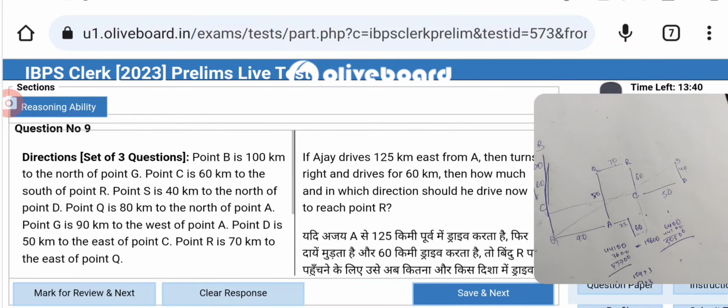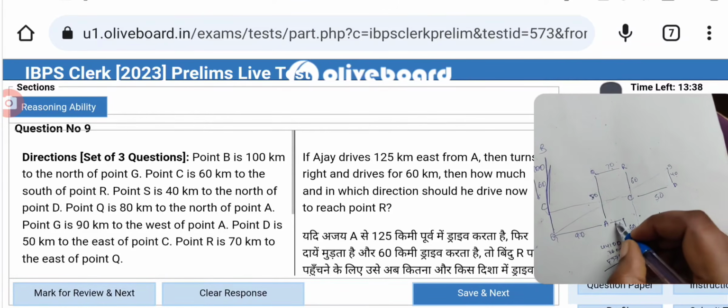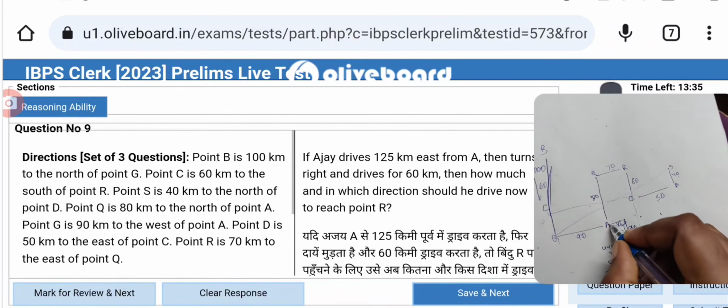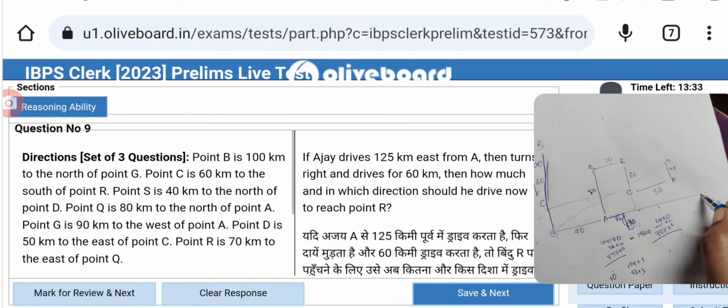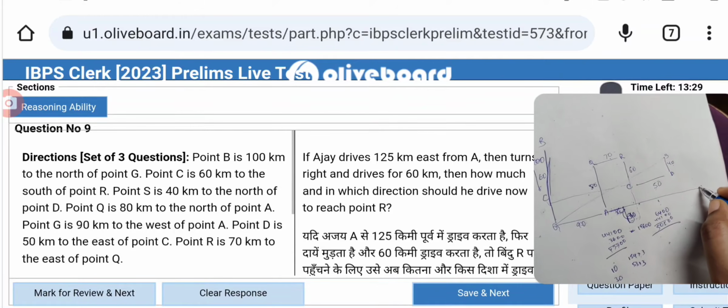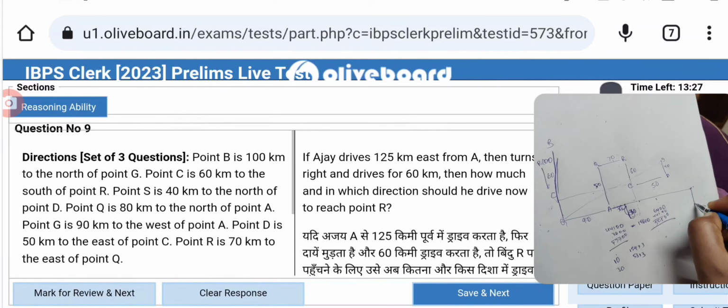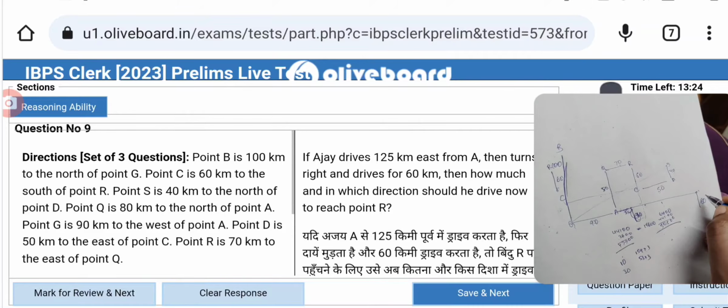As it is 125 kilometers east of A, and turn right 60. Which direction?